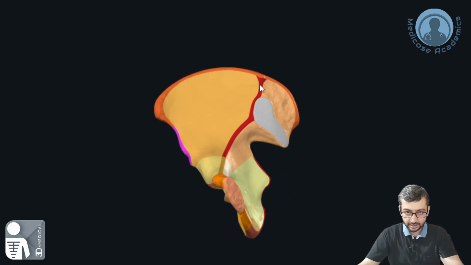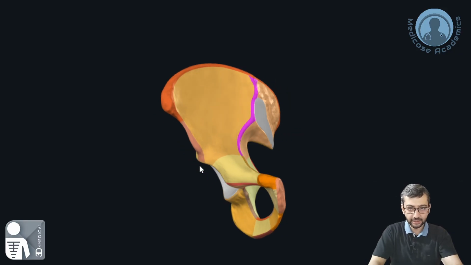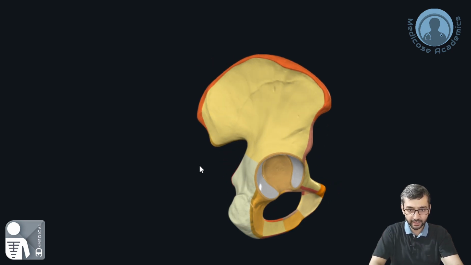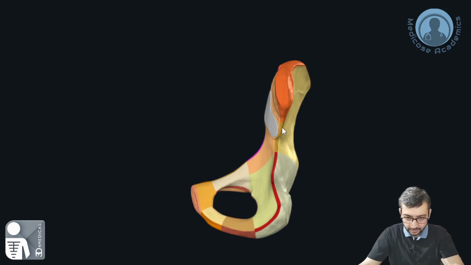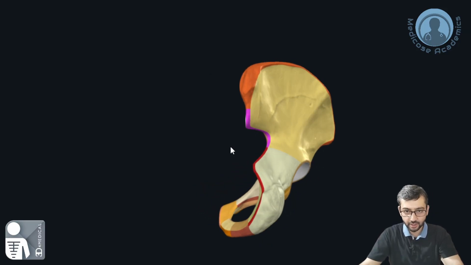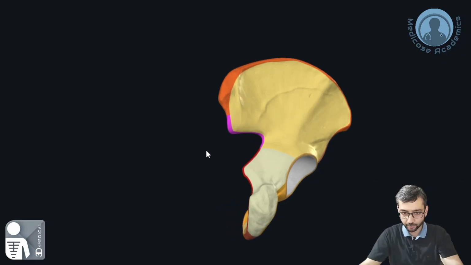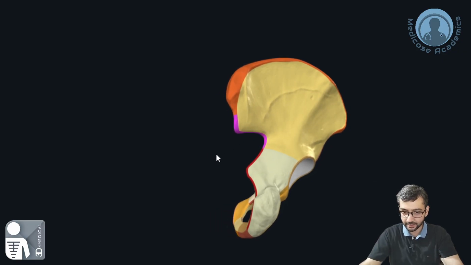Then there is this medial border, the one running from about 5 centimeters in front of the posterior superior iliac spine all the way down to the iliopubic eminence. It is dividing the two surfaces. And then on the other side, on the back, you get the posterior border, this one. This is the posterior border going down from the posterior superior iliac spine.